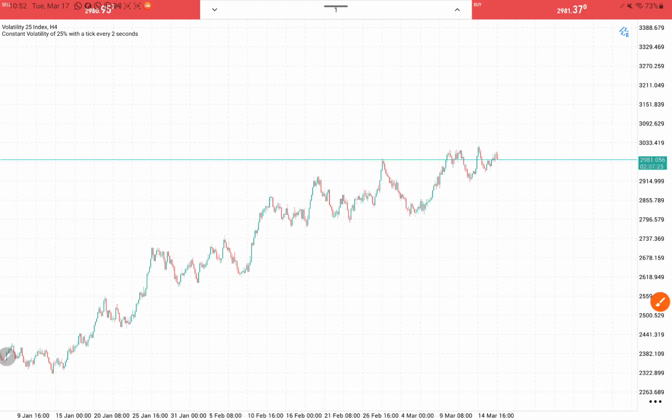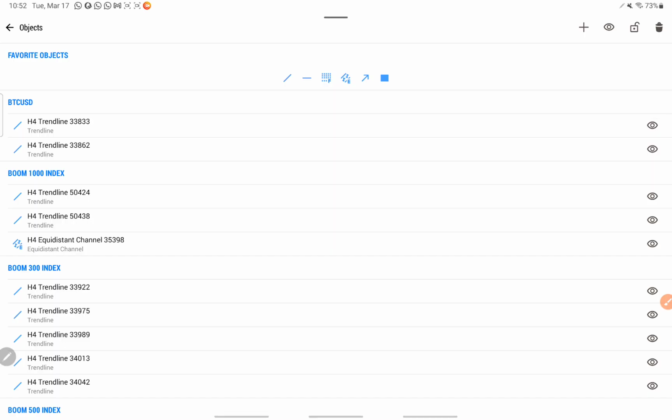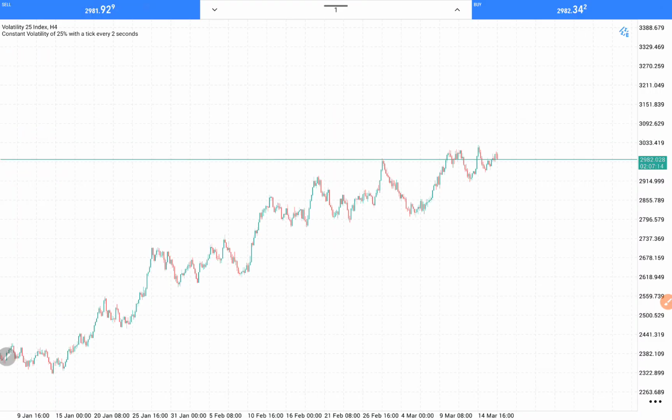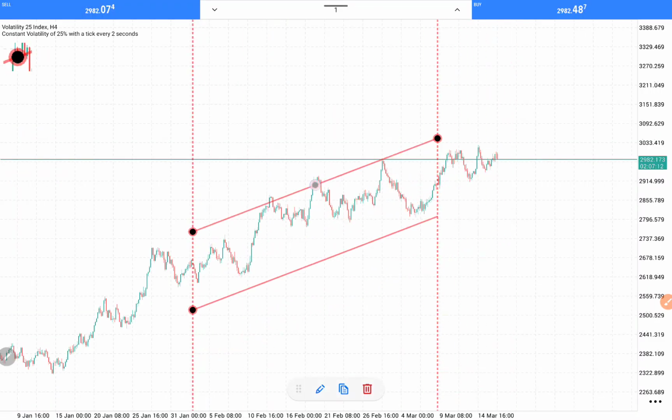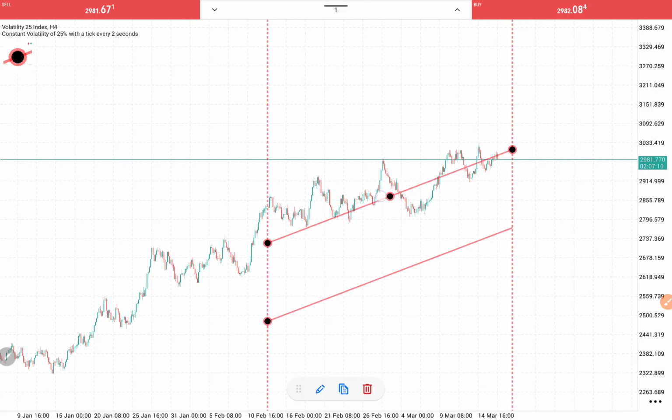If I select this equidistant, it's going to bring me to my chart, and then if I just tap on my screen, okay, sorry, let me do that again. Equidistant. This is how equidistant looks like.